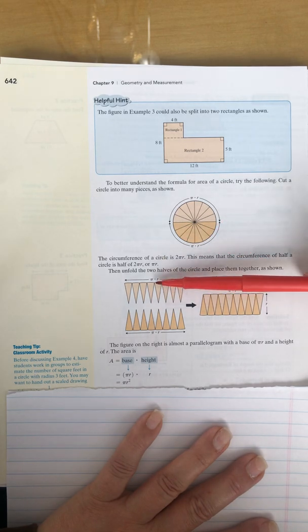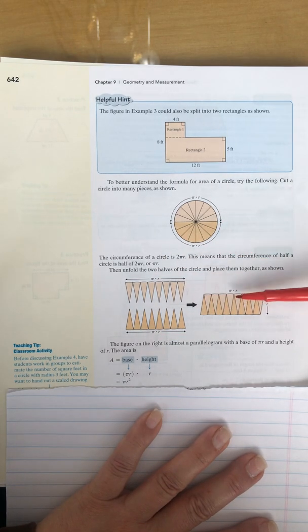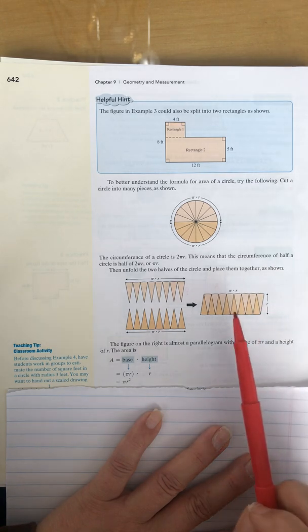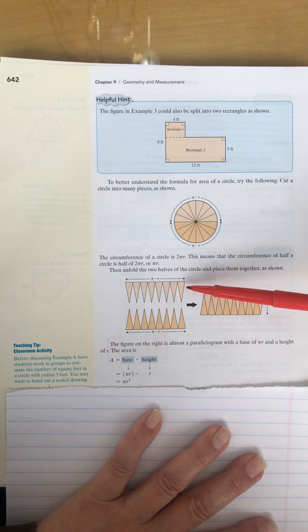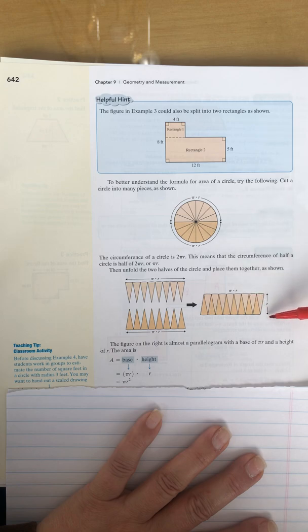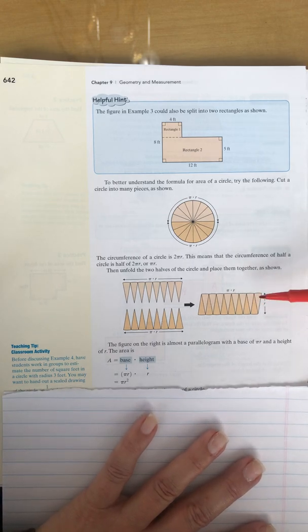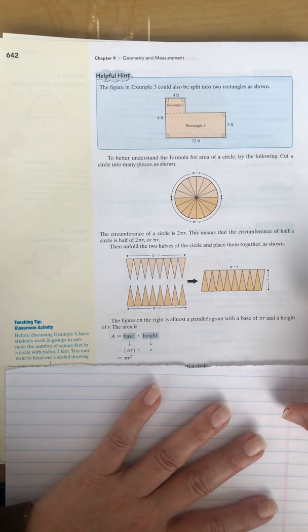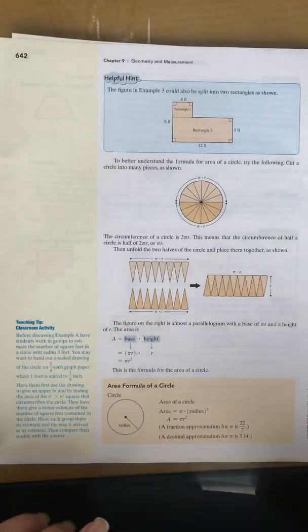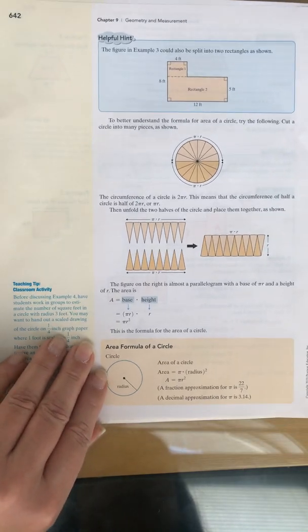If we were to move these two teeth together, this side is pi r, and obviously the radius is here. So think of this as length times width, and if you did pi r times r, that's where you get pi r squared. So the area of a circle is pi r squared. We're going to use pi r squared for the area of a circle.